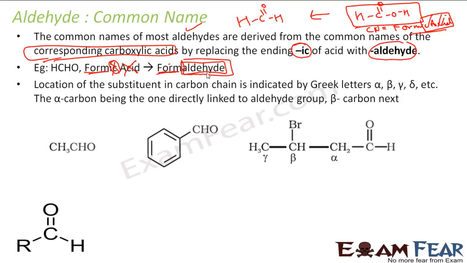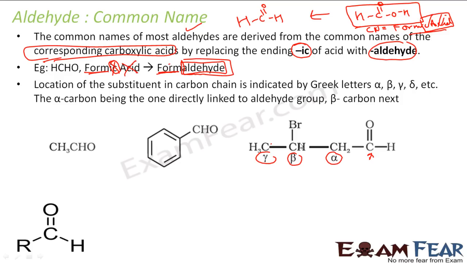And the location of the substituent carbon in the chain is indicated by the Greek letters alpha, beta, gamma, etc. So if this is my CHO group, right? Alpha is the one which is directly linked to the aldehyde group. This is my alpha, this is my beta, this is my gamma.